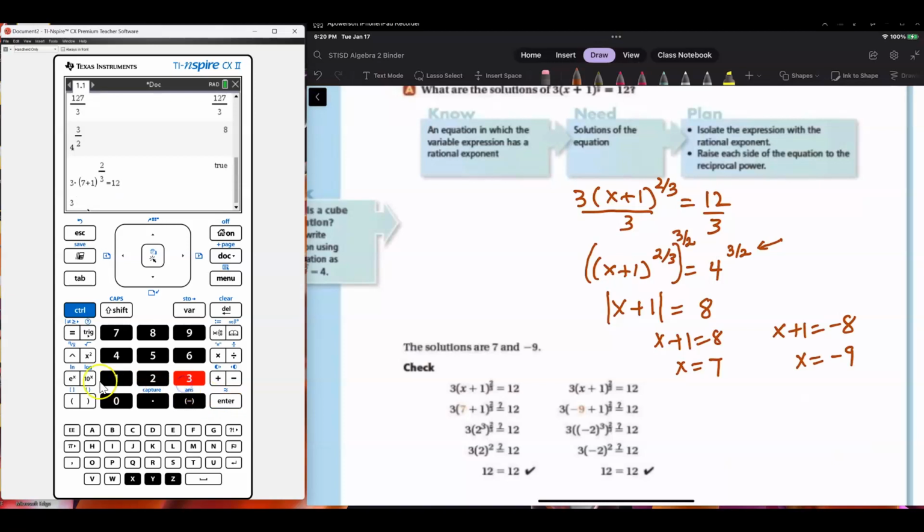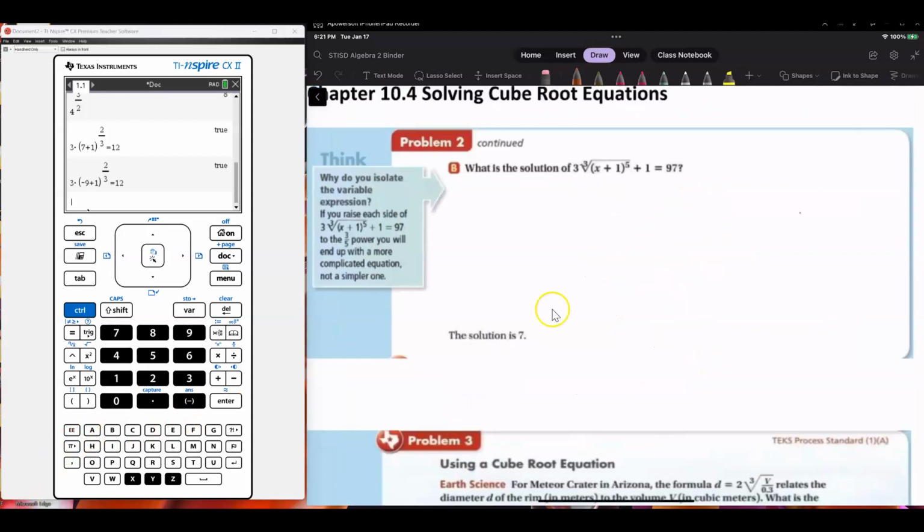Then you have 3 times x, in this case negative 9, plus 1, and you're going to raise it to the 2/3 power. And you set this equal to 12. And you notice again it's going to be true. So both answers are correct.